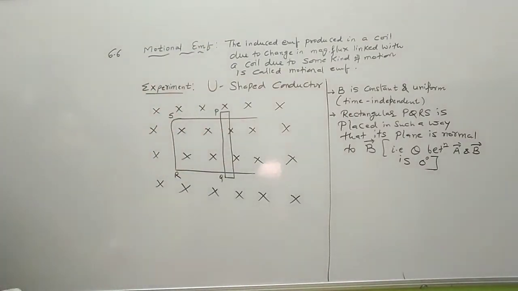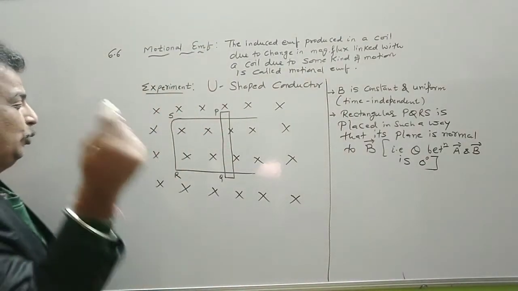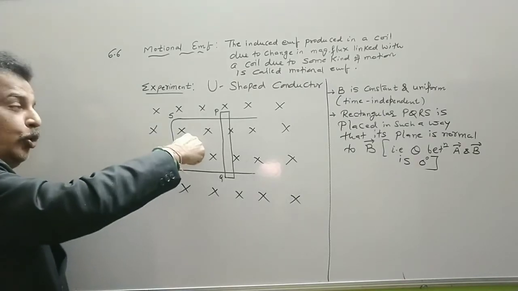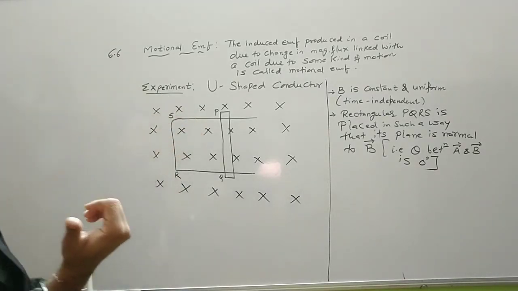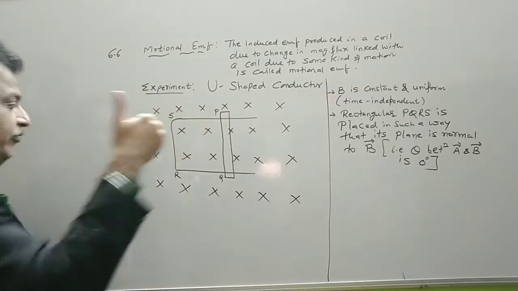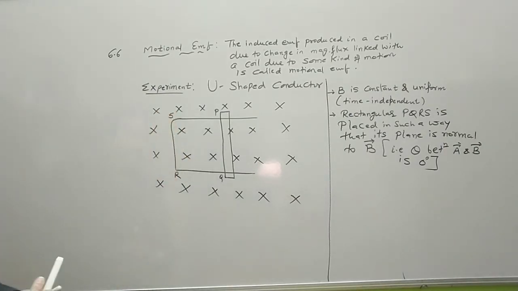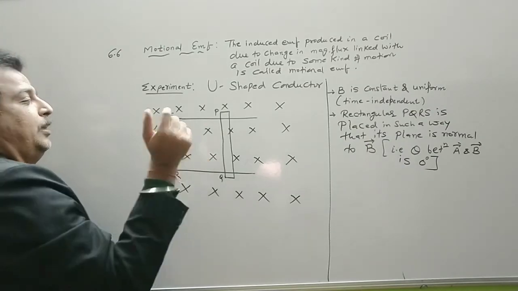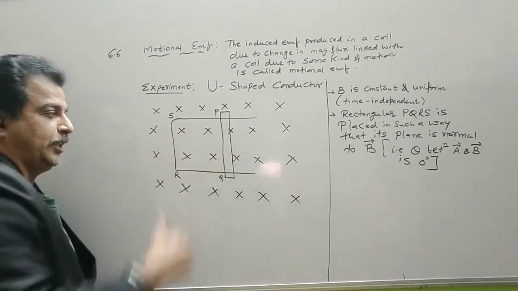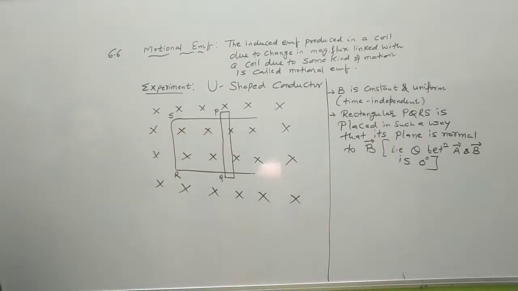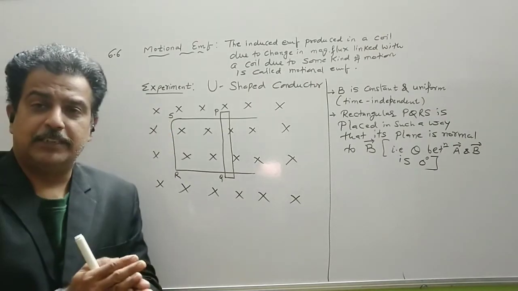So what will be the area vector of this rectangular loop, either going into the plane of the board or coming out? Since the magnetic field lines are going into the plane of the paper, we assume the A vector is also inside the plane, inside the board. So theta will be 0. So what is the construction of this experiment?